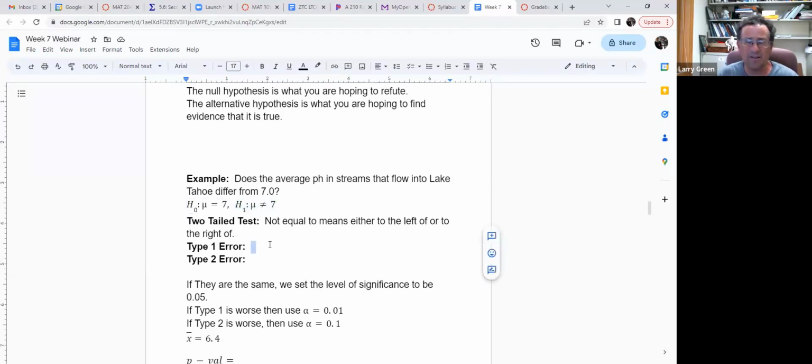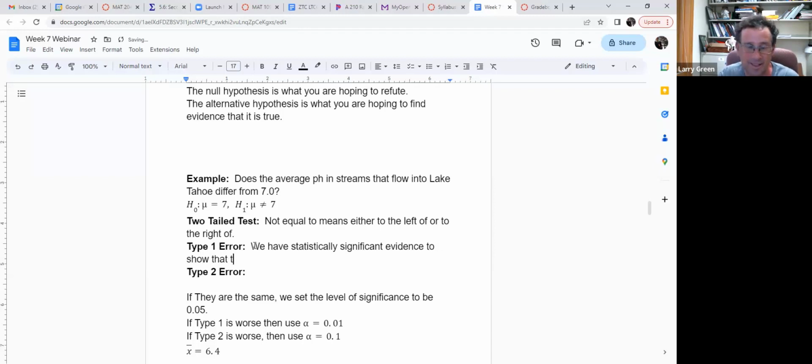So in this case, the ramifications of the following, we have statistically significant evidence to show that the pH differs from 7 when it is 7.